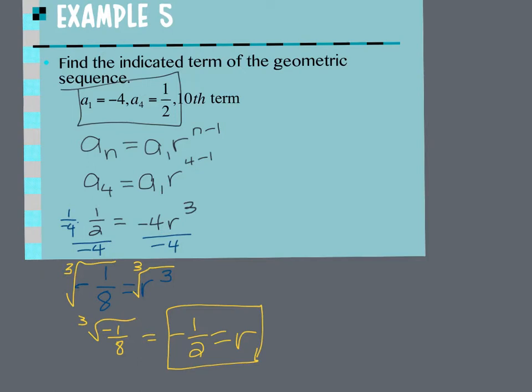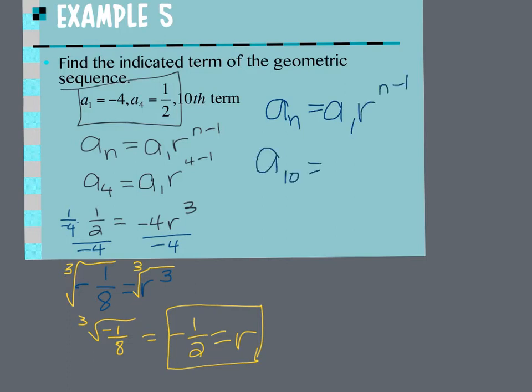So I would say if it's only asking for the 5th term or even the 6th term, you can take a sub 4 now and multiply it times R once or twice, whatever it is. But if I'm jumping all the way to the 10th term, I don't want to have to go from 4 to 6 to 7 to 8 to 9 to 10. So I want to figure out what the equation is. So a sub n equals a sub 1 R to the n minus 1. A sub n is what we're looking for.